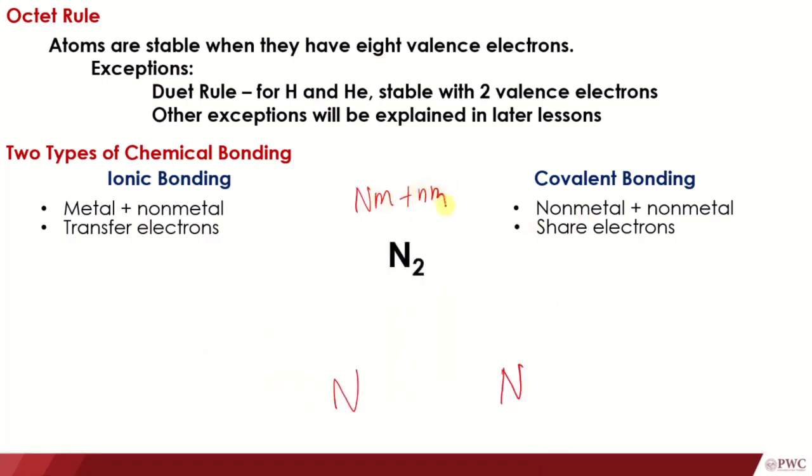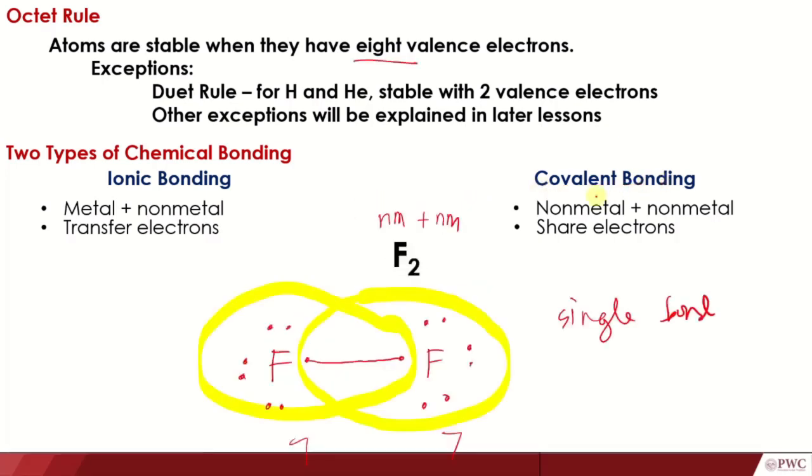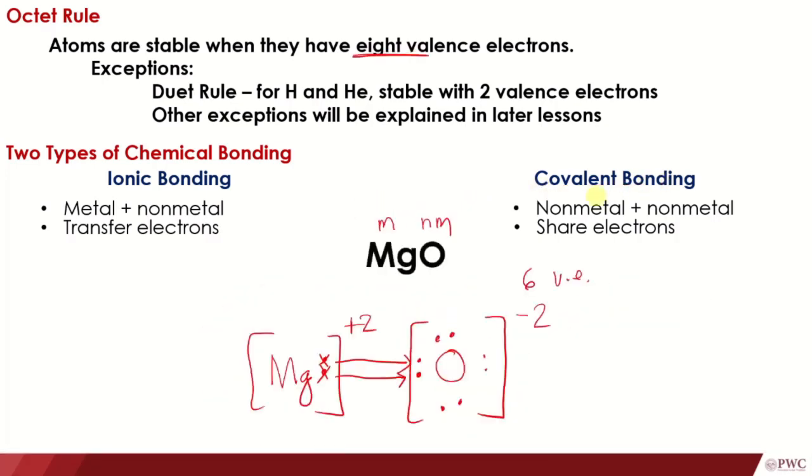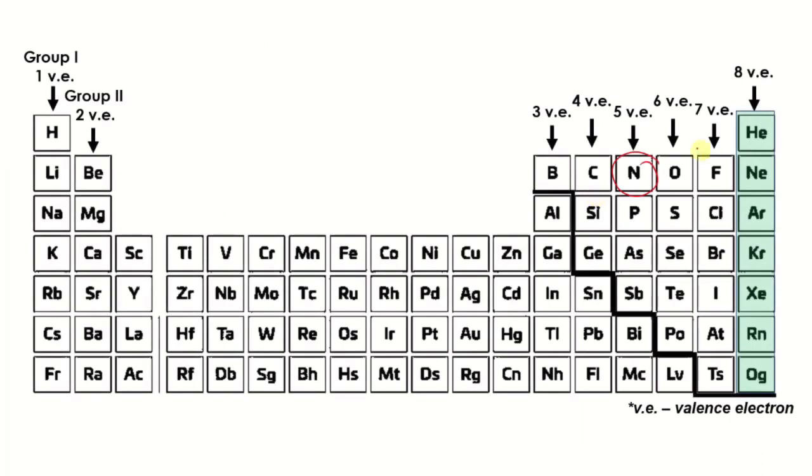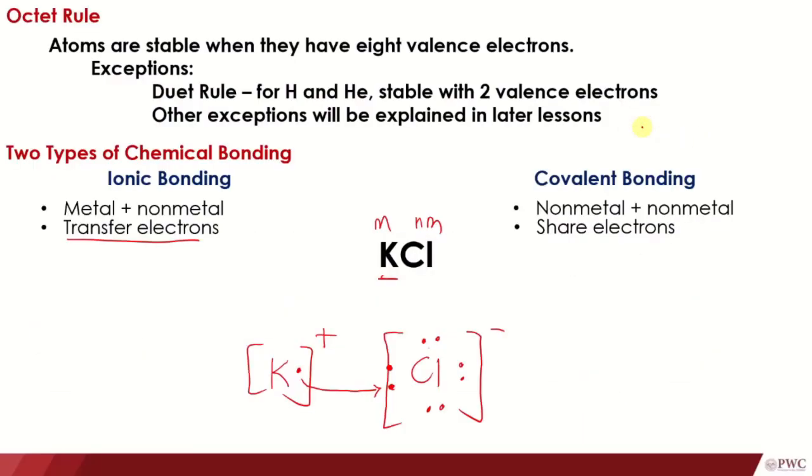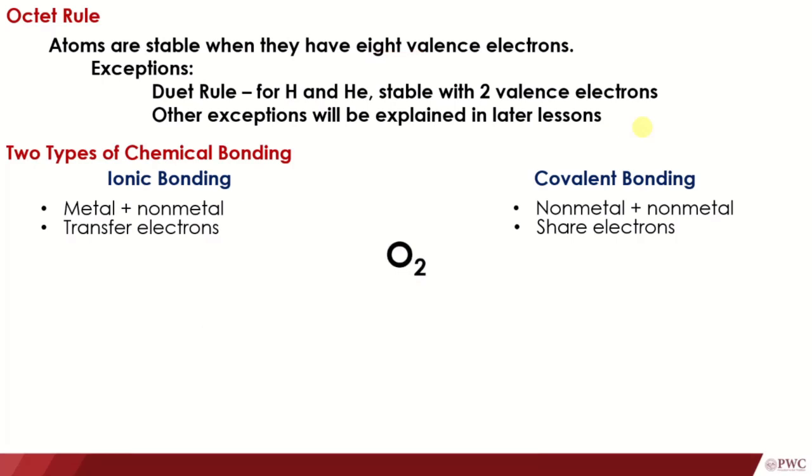Therefore, this one is a covalent compound. Next, let's do the electron dot structure. Let's find out its number of valence electrons. Nitrogen has 5 valence electrons. Again, 5 valence electrons. 1, 2, 3, 4, 5. 1, 2, 3, 4, 5.